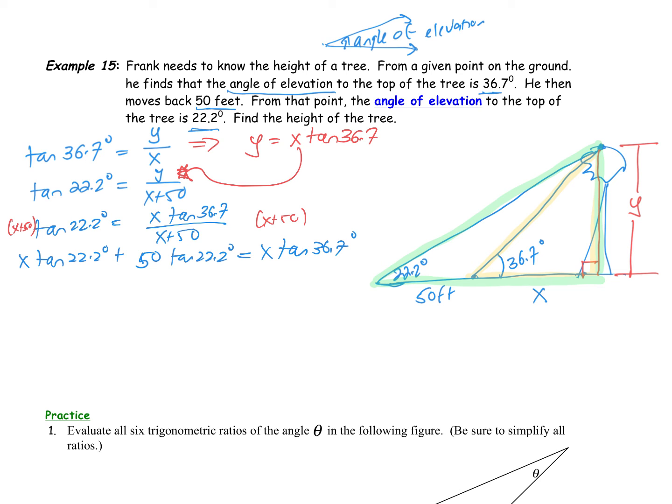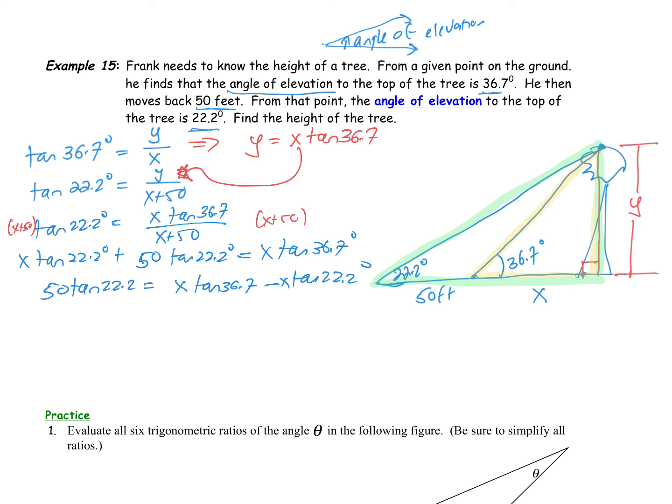This is actually a linear equation. So in a linear equation, we want to put all the terms with x on one side and the constants on the other. So I'm going to subtract x tangent 22.2 degrees from both sides of the equation. So I'll have 50 tangent 22.2 is equal to x tangent 36.7 minus x tangent 22.2 degrees.